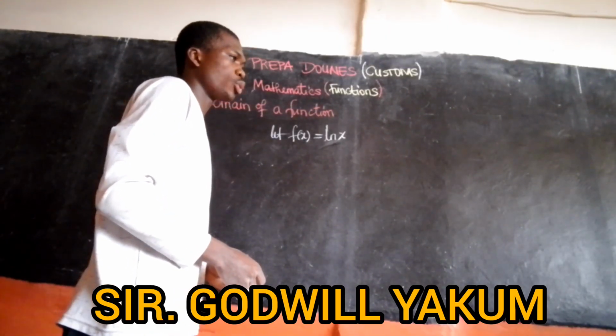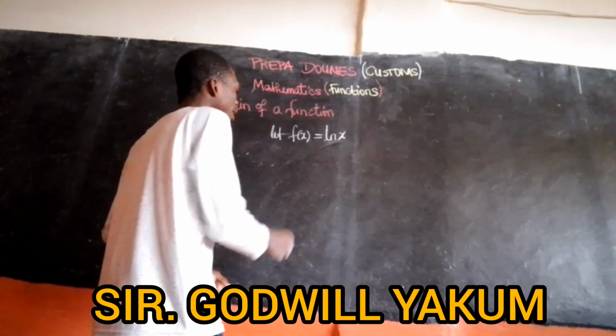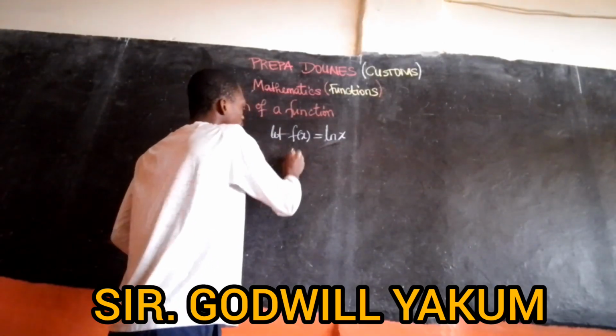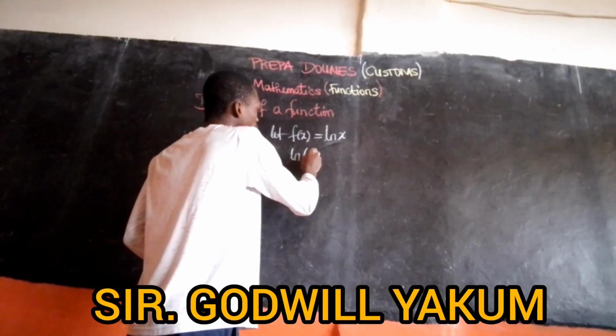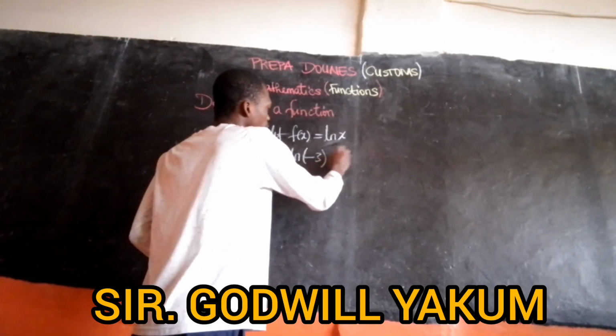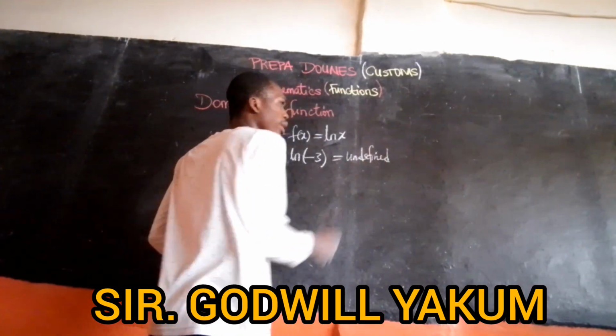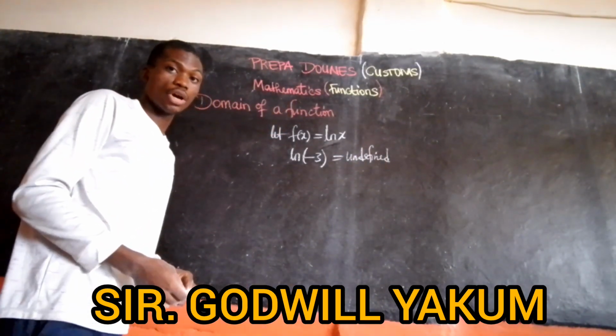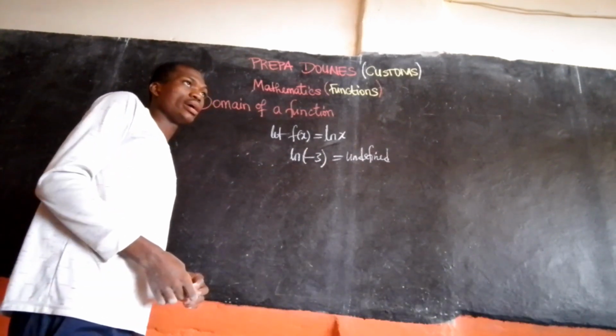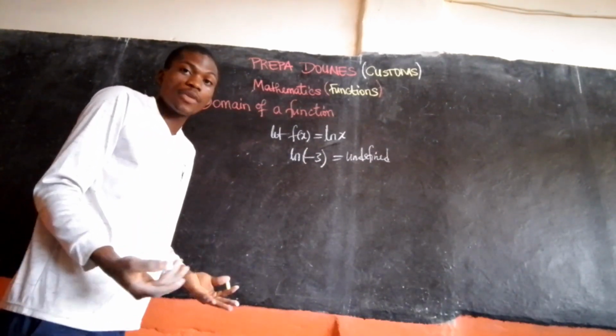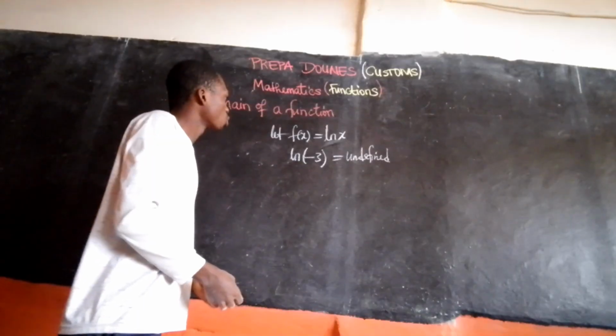The only thing I want you to know here is that the ln of a negative number, negative 3 for example, is undefined. It does not exist. The ln of a negative number does not exist. Meaning the logarithm of a negative number does not exist.